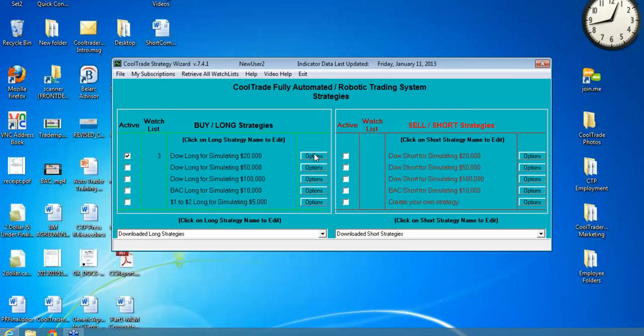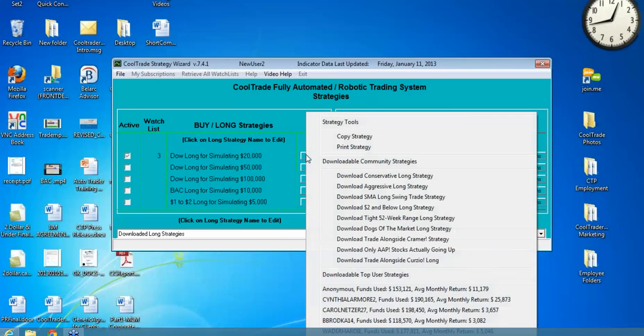A couple of things to show you here. So got a check mark next to this particular strategy. If you click the options button, what that's going to allow you to do is a couple of things.